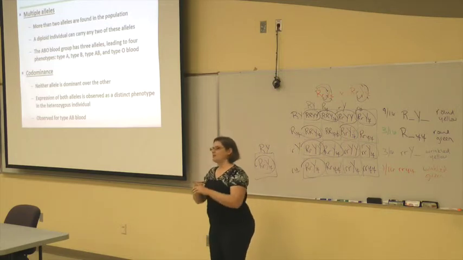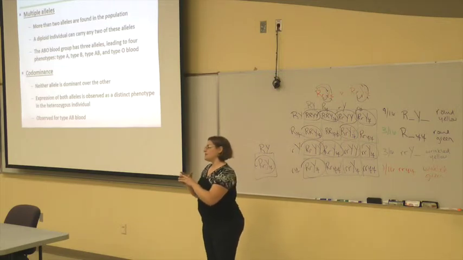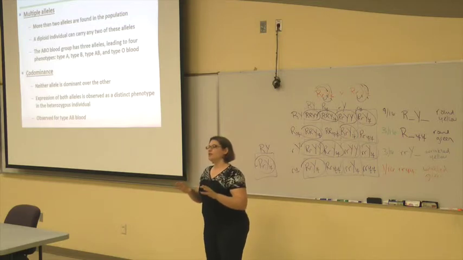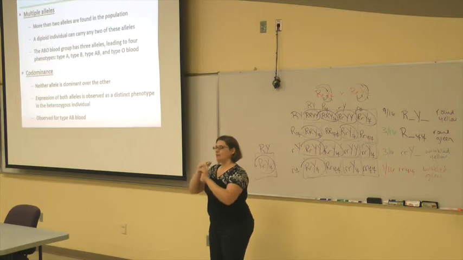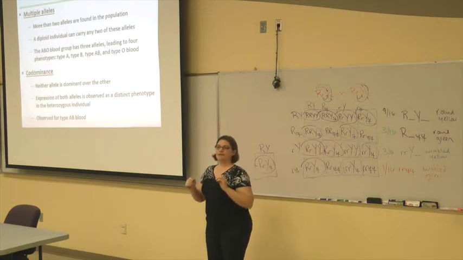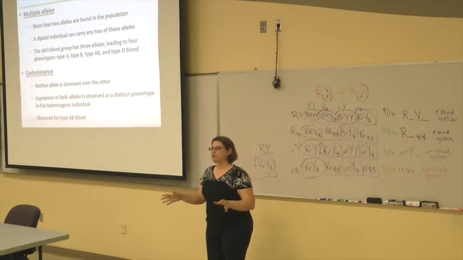However, because of the dominance and recessive relationships going on here, we do have 4 possible blood types, right? You can have A blood, B blood, AB blood, or O blood. And I'm going to show you why.